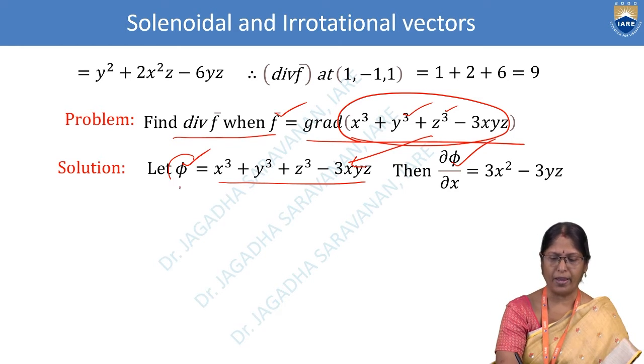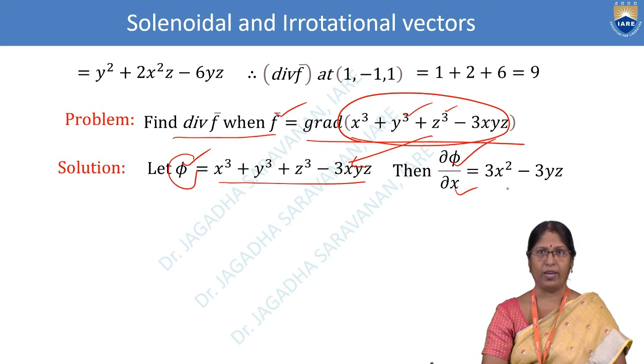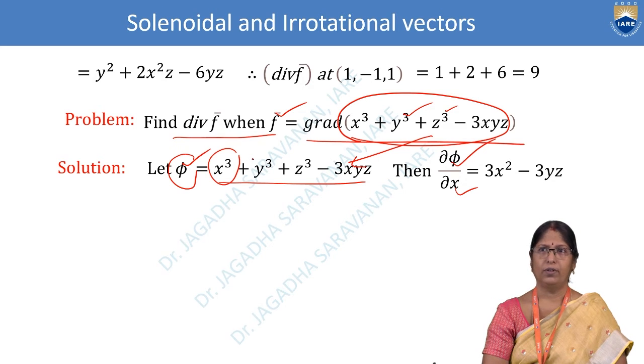That is, this pi we are going to differentiate partially with respect to x. So x cube becomes, by partial differentiation, 3x square. This is neglected and this is also neglected.